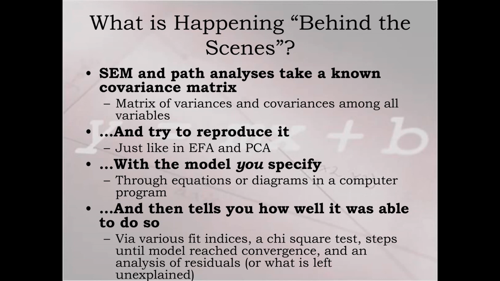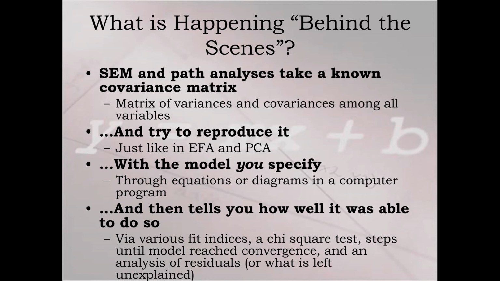And then the program will basically take your model and try to fit the data to the parameters you have set. So you force certain things to be related to each other, and you force other things to be unrelated to each other, and it tells you how well it reproduced the covariance matrix with the real data.